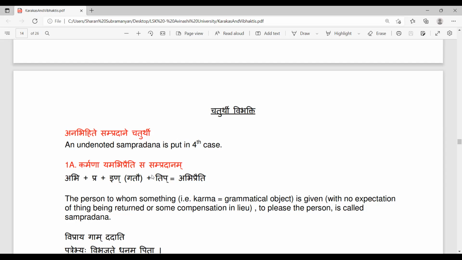So 1.4.32. The Sampradana Sanya is assigned in 1.4.32, for which the Chaturthi Vibhakti is assigned in the sutra Sampradane Chaturthi. Anabhigite comes as Anuvritti. Therefore, in which Adhikara would that sutra be? Can you guess? Not guess, you know. In which Adhikara would it be?